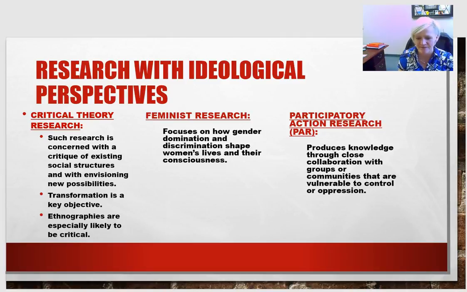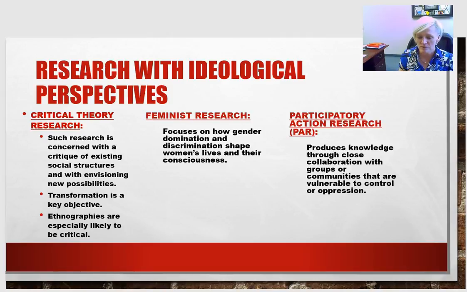And then there are 3 types of research mentioned in your book that deal with ideological perspectives. What these look at a lot of times are political or affirmative action type things that are going on, and the social structures and how society is influencing these populations. Critical theory is looking at social structures and looking for new possibilities. Feminist research is focused on women's lives and their consciousness and how discrimination and gender differences affect women.